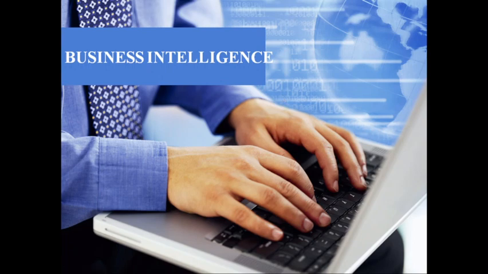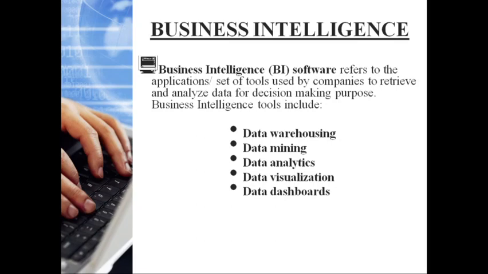The next concept that we are going to see is business intelligence. Business intelligence refers to a set of tools that is used by the company to analyze data for decision making.